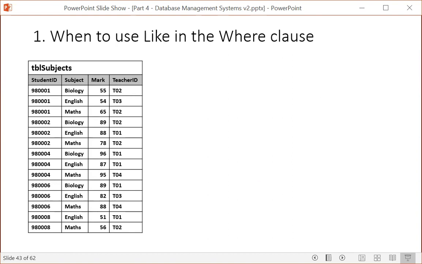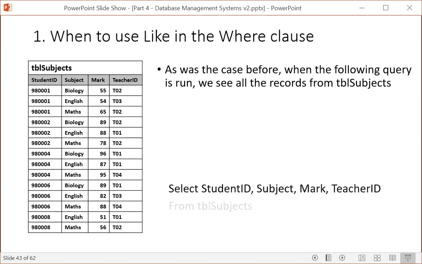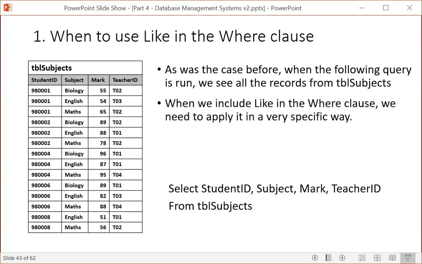When to use like in the where clause? Well, as was the case before, when the following query is run, we see all the records from table subjects. When we include like in the where clause, we need to apply it in a very specific way.